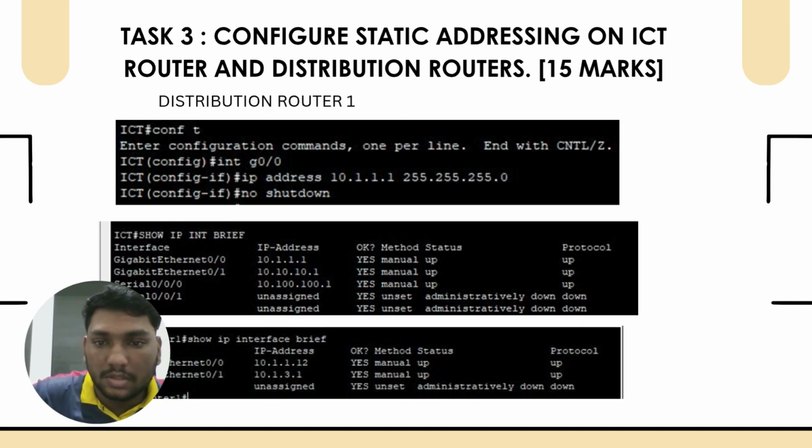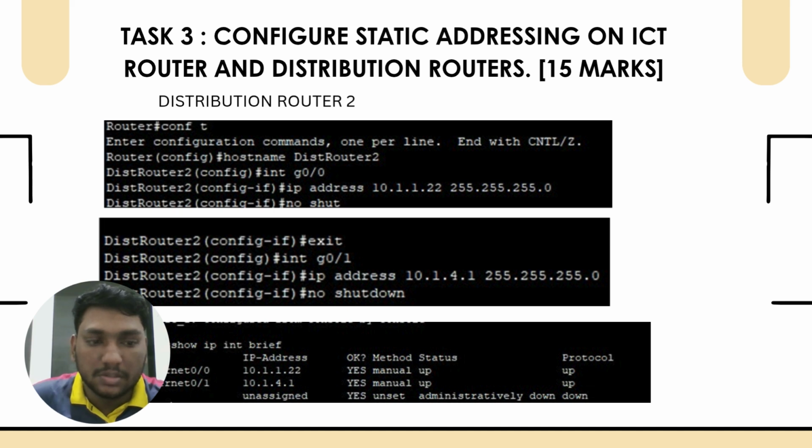This is distribution router 1, configured on G0/0 with IP address 10.1.1.12 and subnet mask 255.255.255.0. For the interface G0/1, the IP address is 10.1.3.1 with subnet mask 255.255.255.0. I used the show ip interface brief command to verify the IP addresses.